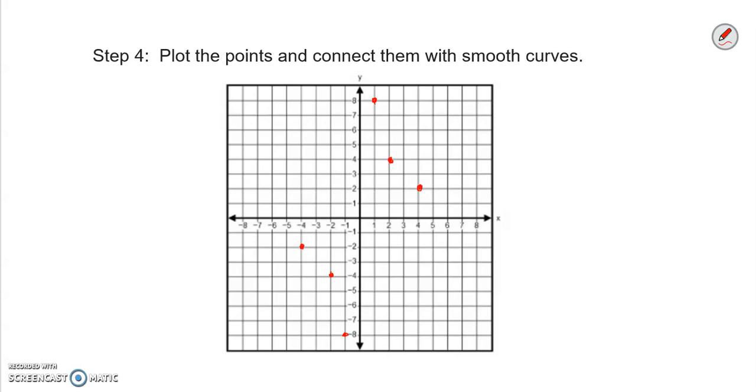We're going to draw it something like this, and this. That is our graph. Don't forget our arrows. Your graph should look something like that.